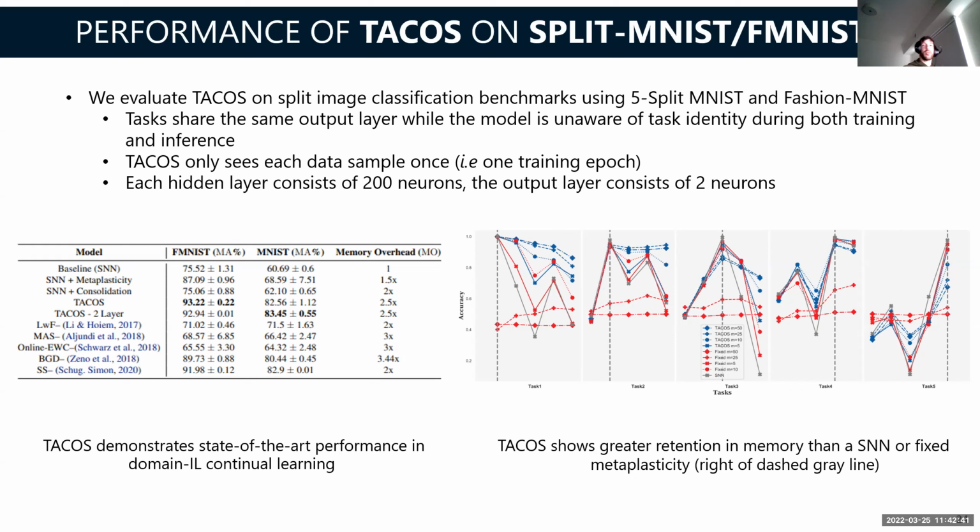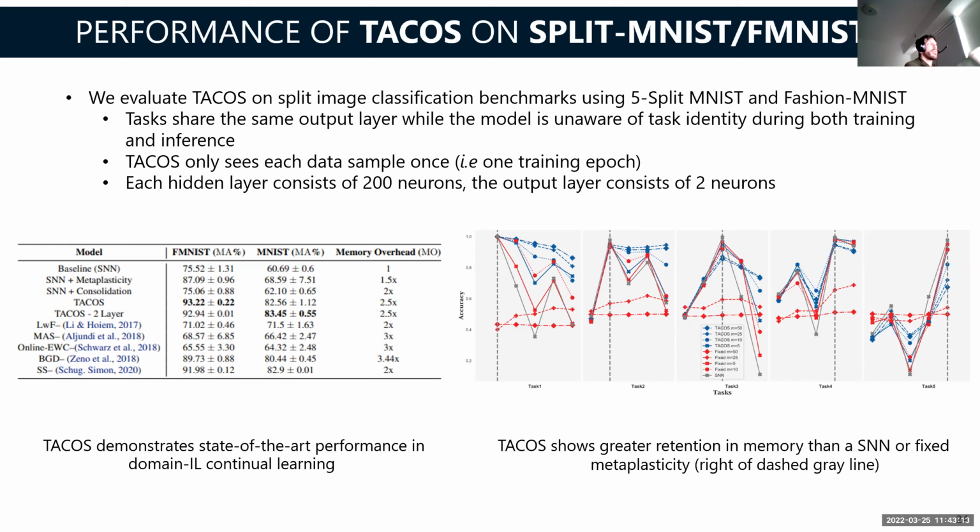The second important point is that TACOS is outperforming all of the other approaches when it was only trained with a single epoch of information and does not need any form of task information. The second closest result is stochastic synapses, which is reflected by SS in the table, and they get very similar accuracy values.